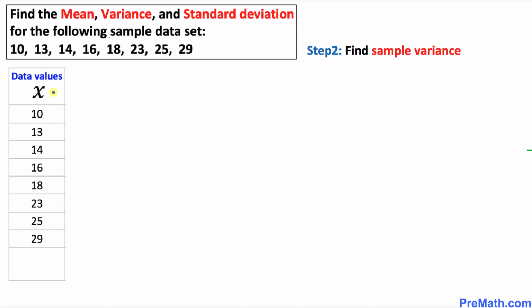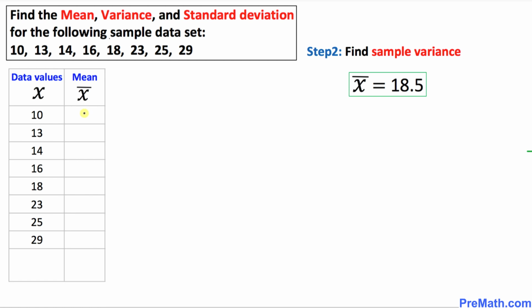And here I have put down all these data set values nicely in this column, as you can see. And these values are represented by x. And here in the second column, we're going to put down the mean value represented by x bar.